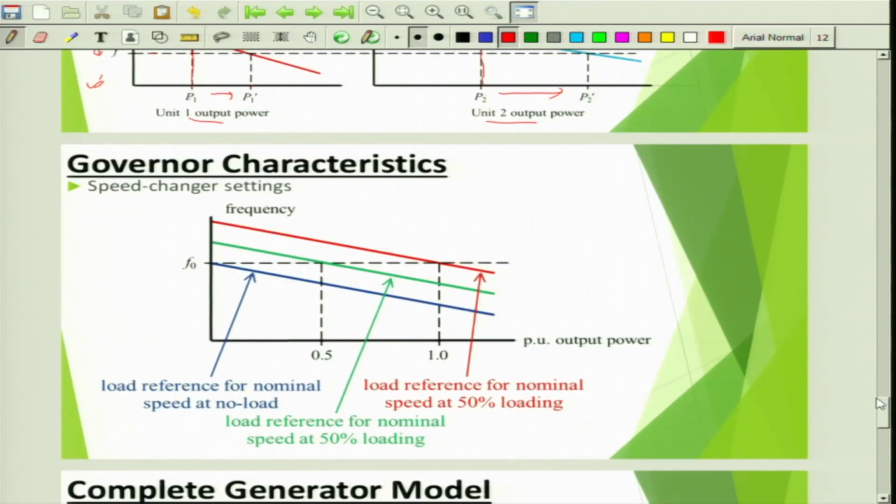So speed changer settings, this is the load reference for nominal speed, load reference set points. This is for nominal speed at no load, load reference for nominal speed at 50% loading. You are just changing the governor set points basically from here to here. Load reference for nominal speed at 50% loading, you can see this is also there.